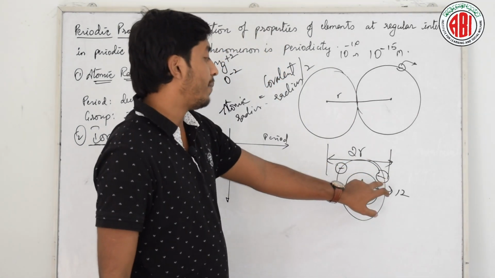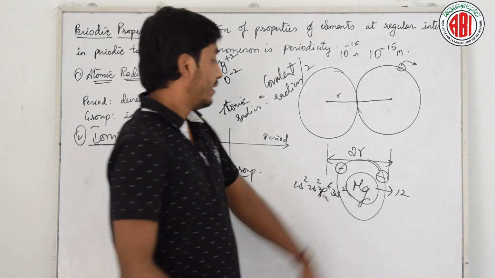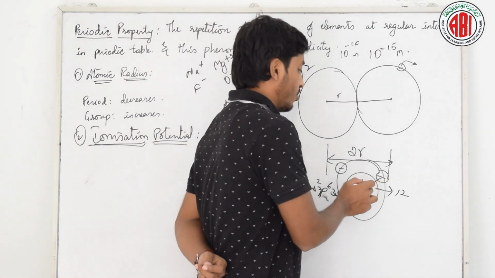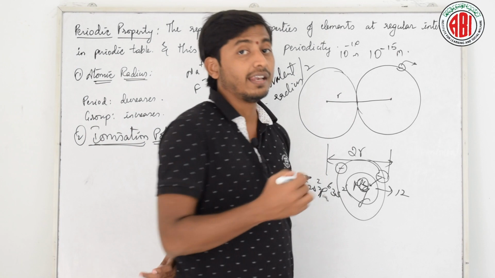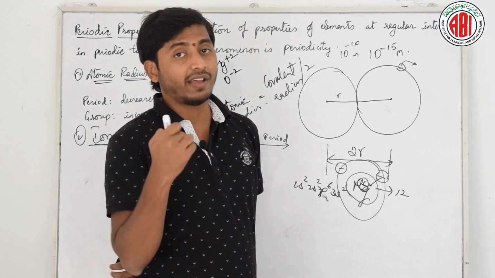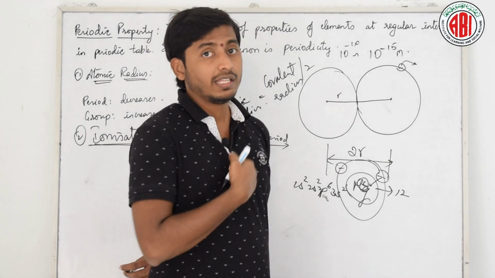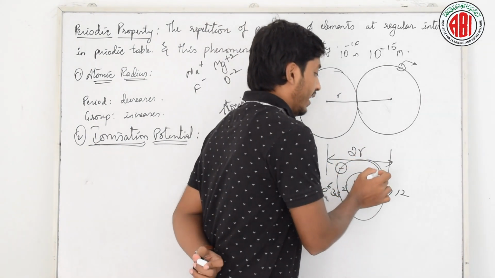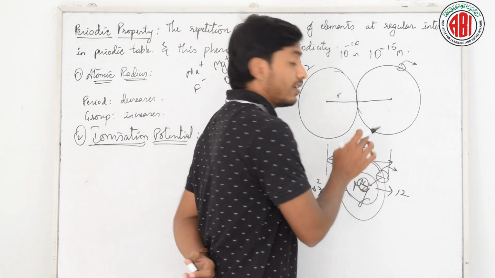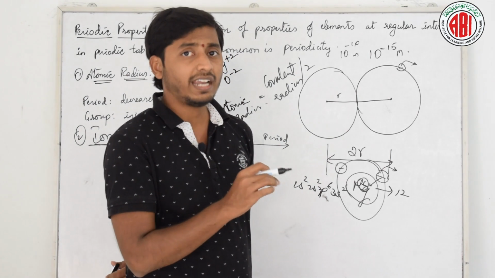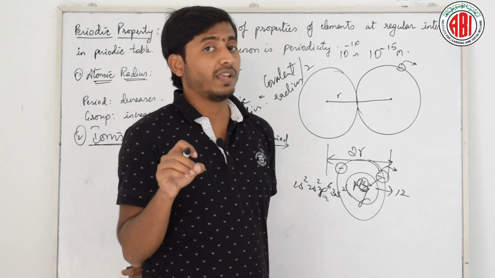If I remove a particular electron, this electron will always be attracted towards the nuclear charge, so the minimum amount of energy required is, first of all, to take it out of this nuclear charge, and additional energy should be given to the electron.